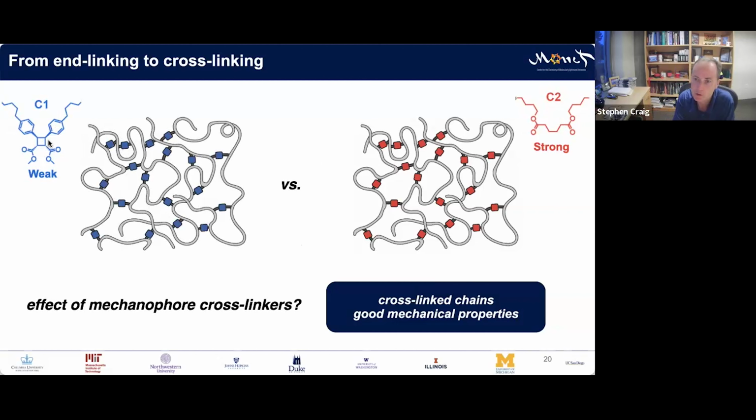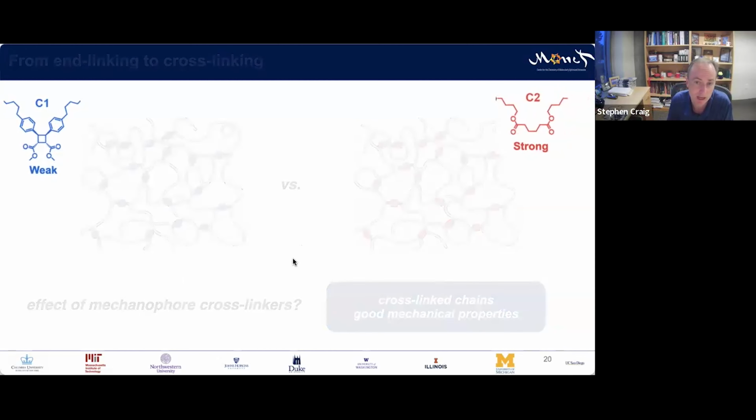This was the most reactive, if you will, the weaker of the two mechanophores I showed previously, and ask, is it still an order of magnitude? Is it still a factor of 10 difference between these two networks, or is it even greater? Is it less? How do they compare?